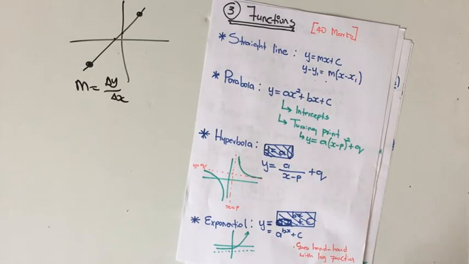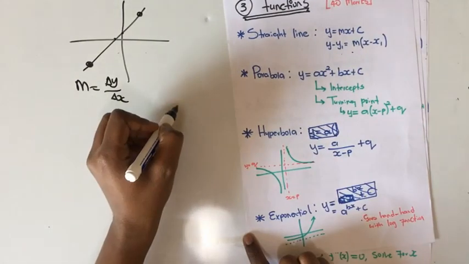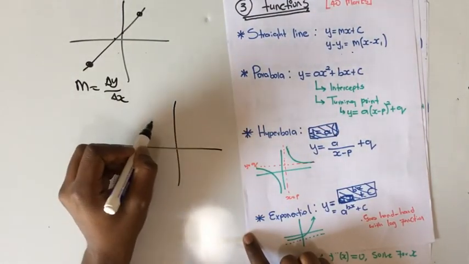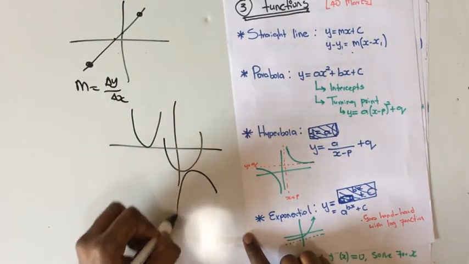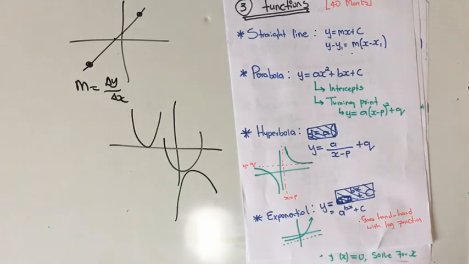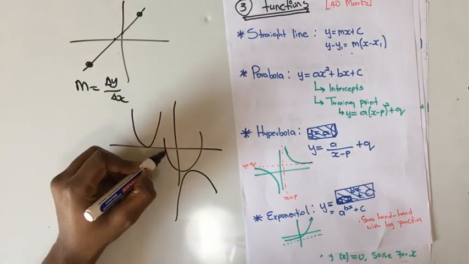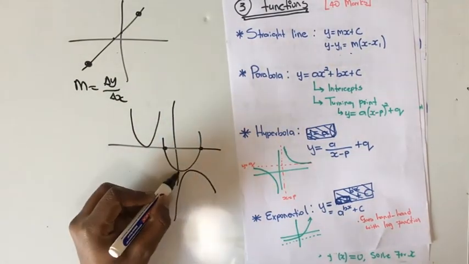So now we also have a parabola. A parabola can take a lot of forms. It can be like that, like that, it can be looking down, anything like that. Here we need to know a couple of things, such as where it crosses the axes, your x-intercept and your y-intercept.